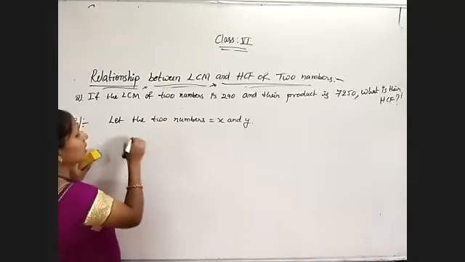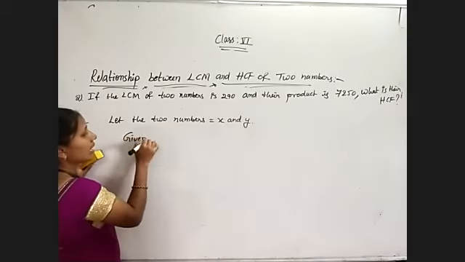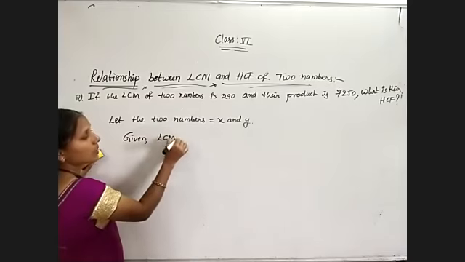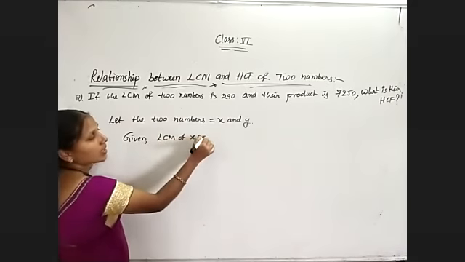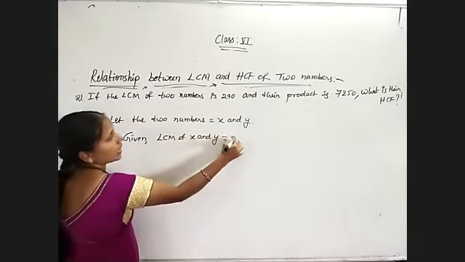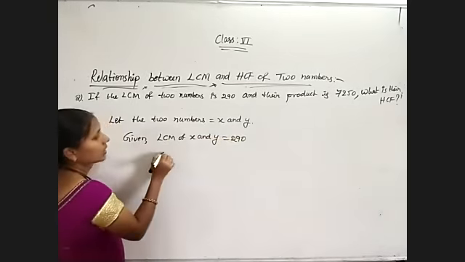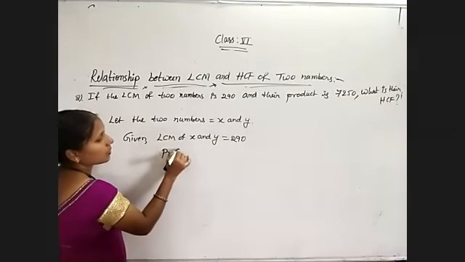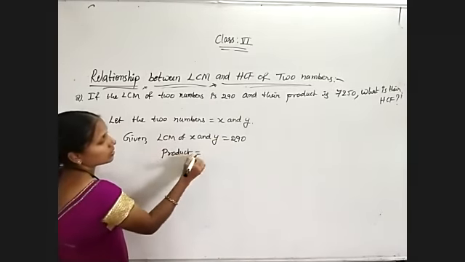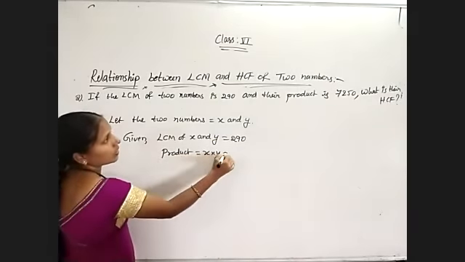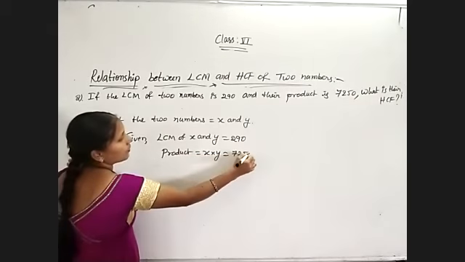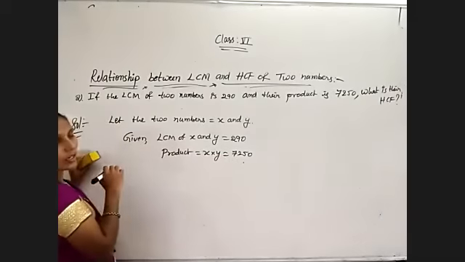Given LCM of x and y is equal to 290, and the product of those two numbers, x into y, is equal to 7,250, given. They are asking to find out HCF.